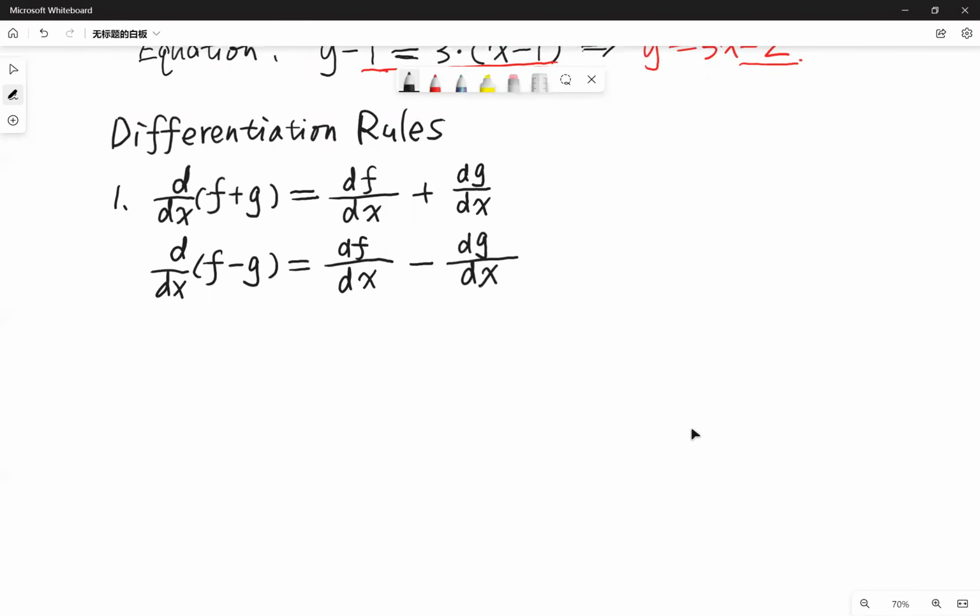And the second one is called the product rule. You can see it's related to the product of the functions.